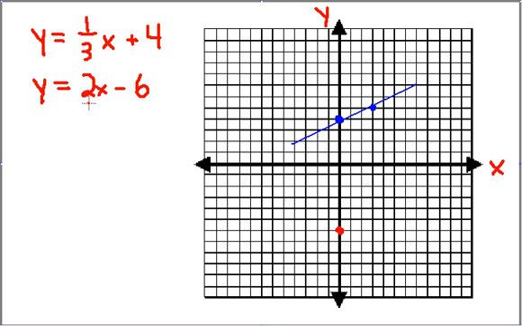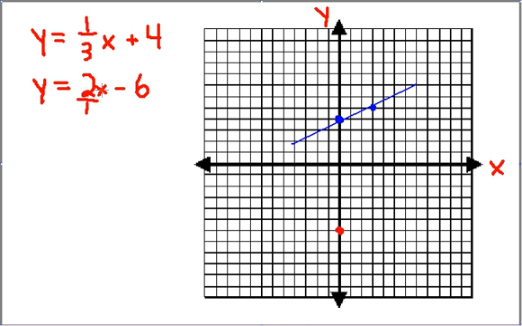And remember, a slope is rise over run. Even though we don't see a fraction here, the number 2 could be rewritten as 2 over 1. 2 over 1 is the same value as 2. So if it helps you to see it that way, you can slide that 1 underneath the 2 with a fraction bar. This will help you determine your rise over your run. For every 2 on your rise, you run 1.